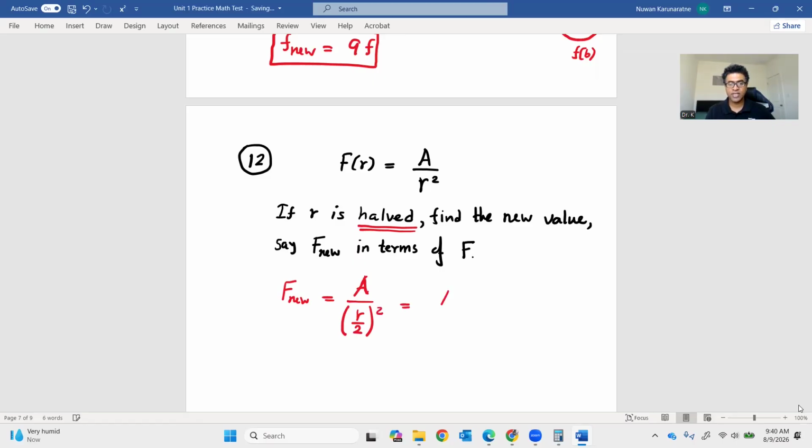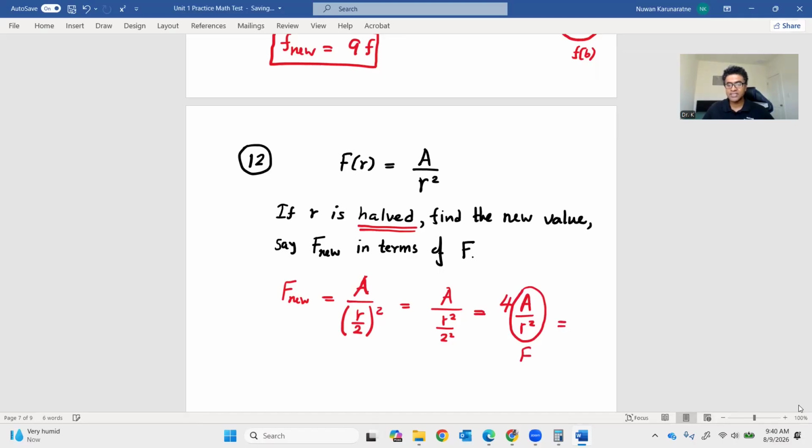Okay, so then you can simplify this: r squared divided by 2 squared. 2 squared is 4, and that goes to the numerator. So 4 times a divided by r squared. What is a over r squared? That's f.